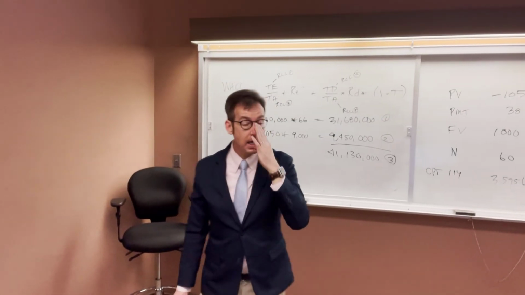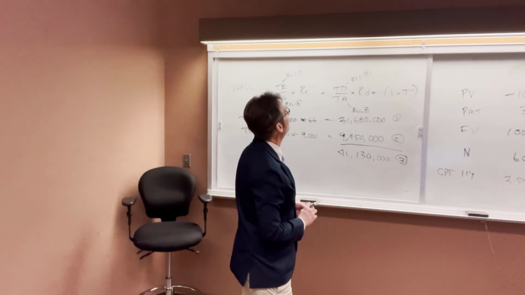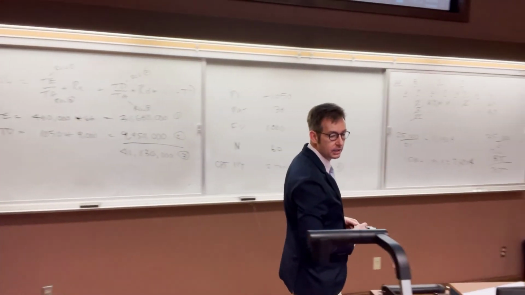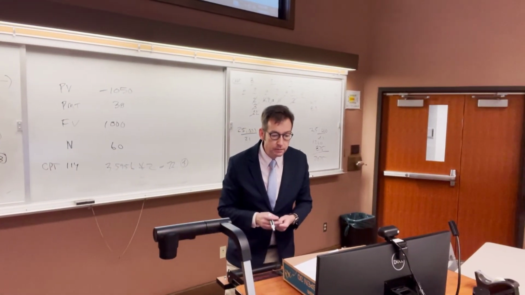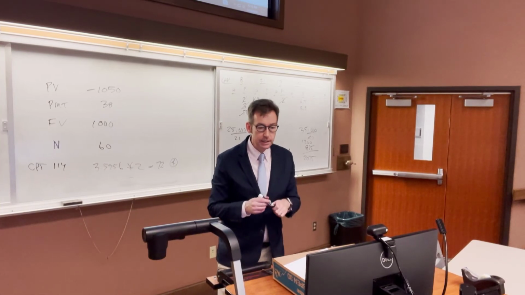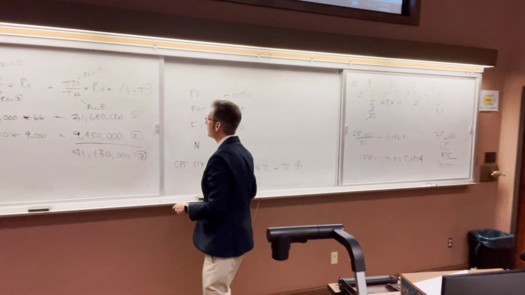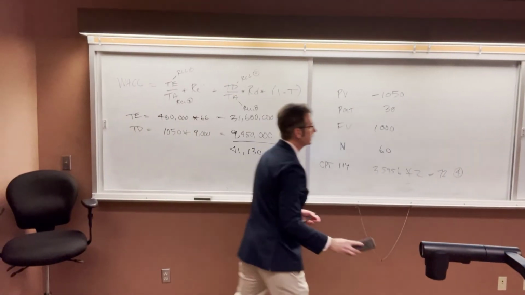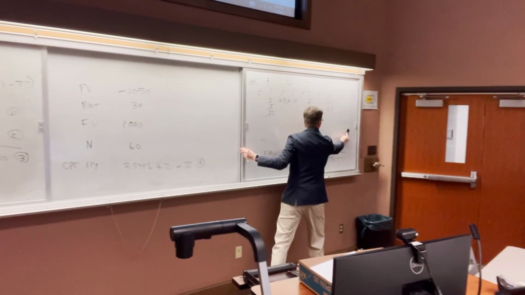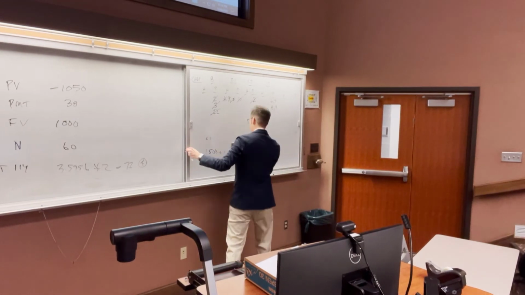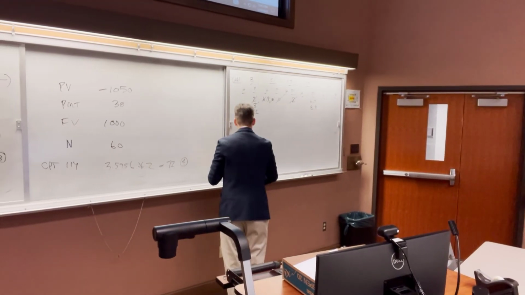Okay. Now, let's try to figure out what R sub E is. They tell us the market risk premium, they tell us the risk-free rate, and they tell us the beta. So what am I going to use to find the required return on equity? I'm going to use the security market line.